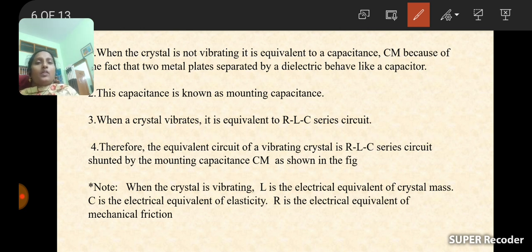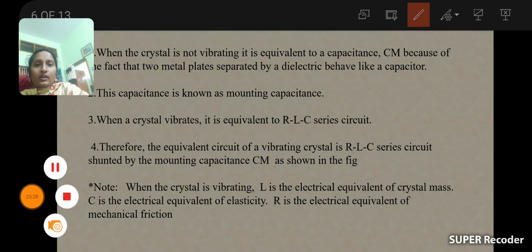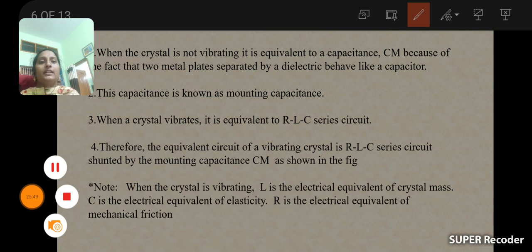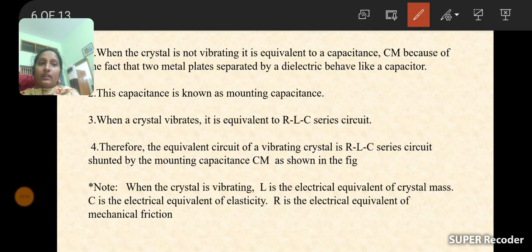When a crystal starts vibrating, it is equivalent to an RLC series circuit. Therefore, the equivalent circuit of a vibrating crystal is an RLC series circuit shunted by the mounting capacitance Cm, as shown in the figure below. If it is not vibrating, it is equivalent to a capacitance.